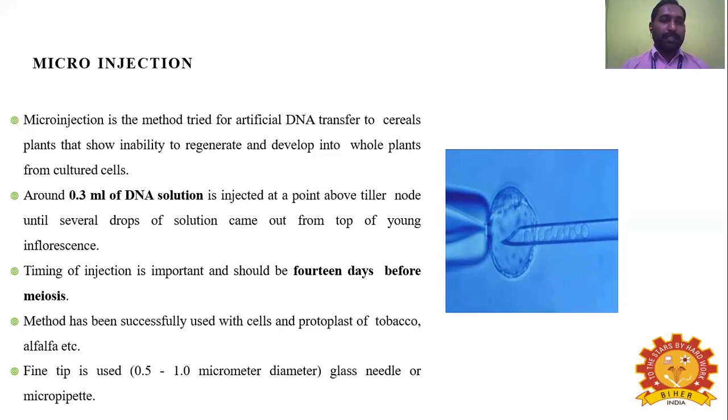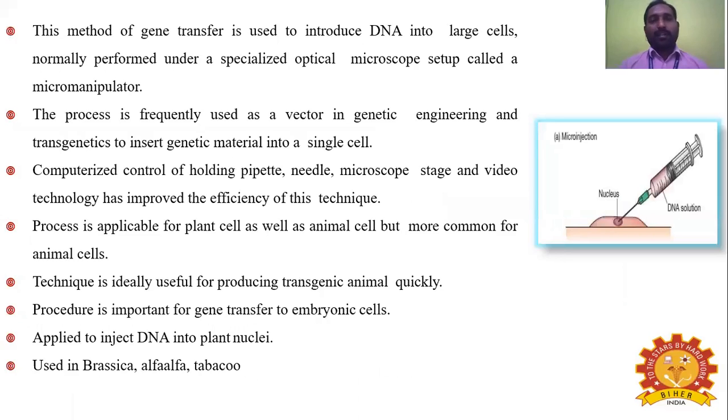Also, the tip can be 0.5 to 1 micrometer in diameter, and glass needles or a micropipette will be used. Here, in this method, gene transfer is used to introduce DNA into large cells, normally performed under a specialized optical microscope setup called a micromanipulator.